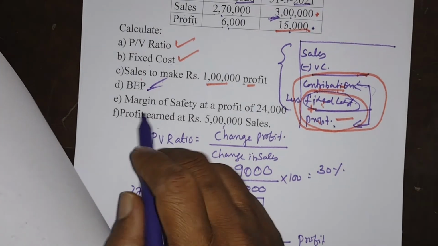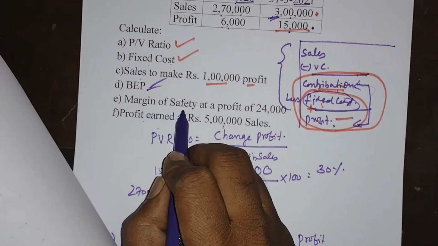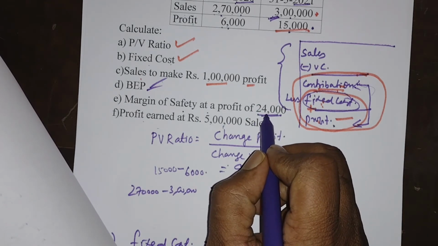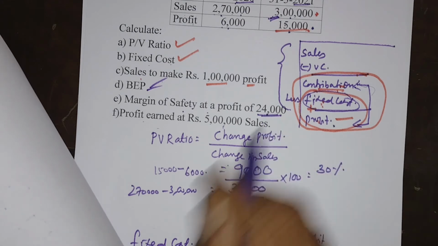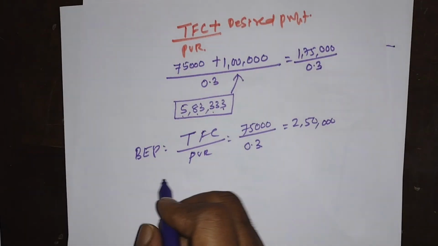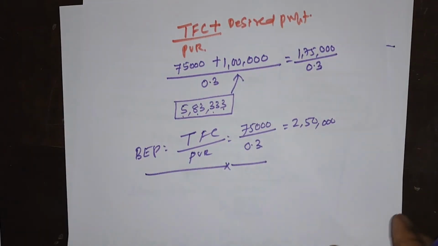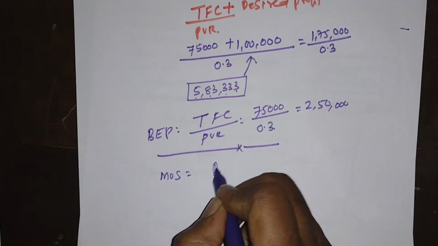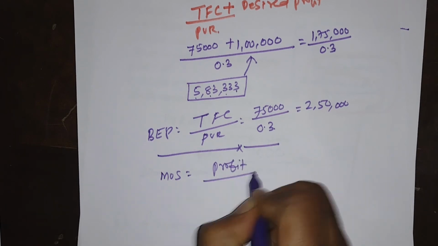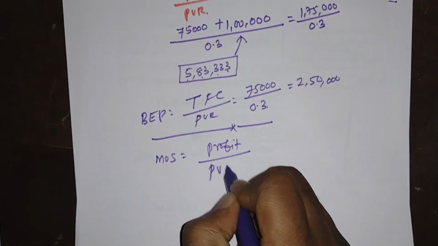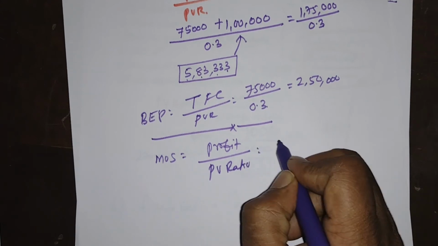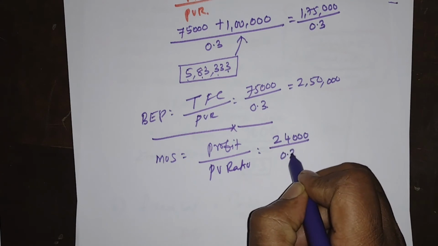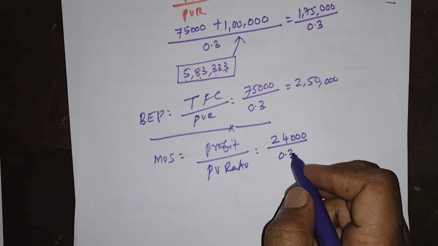And the fifth one, they are asking us to calculate margin of safety at a profit of 24,000. If my profit is 24,000, what is the margin of safety? We have two formulas, but as per this problem, margin of safety is profit divided by PV ratio. The profit given in the problem is 24,000 divided by PV ratio.